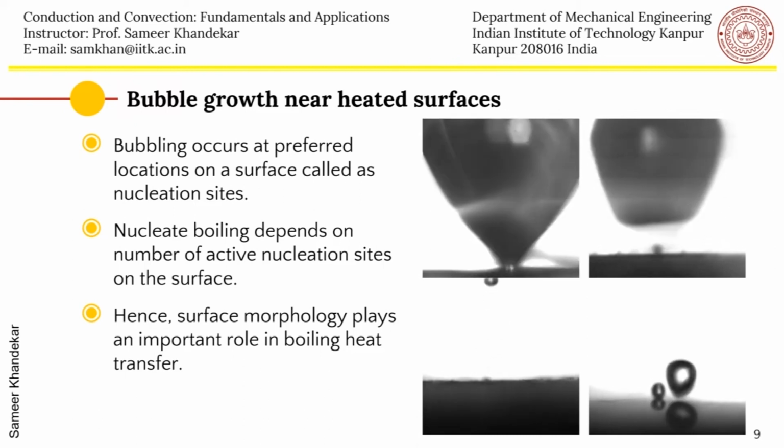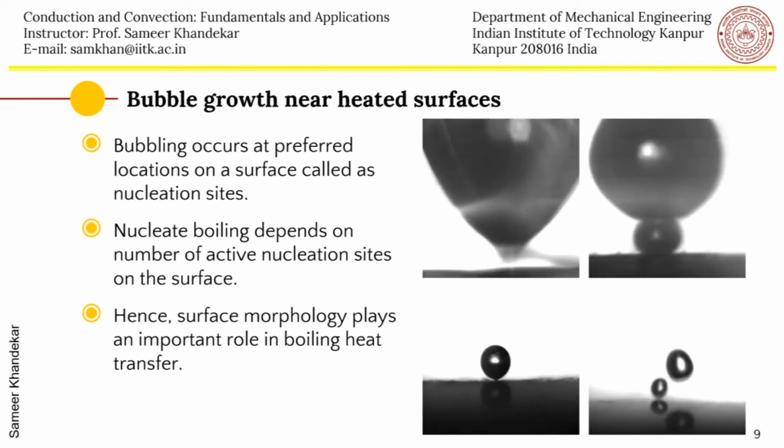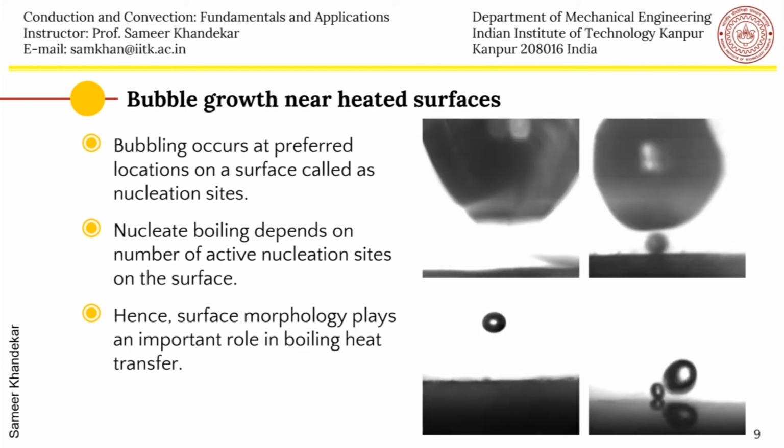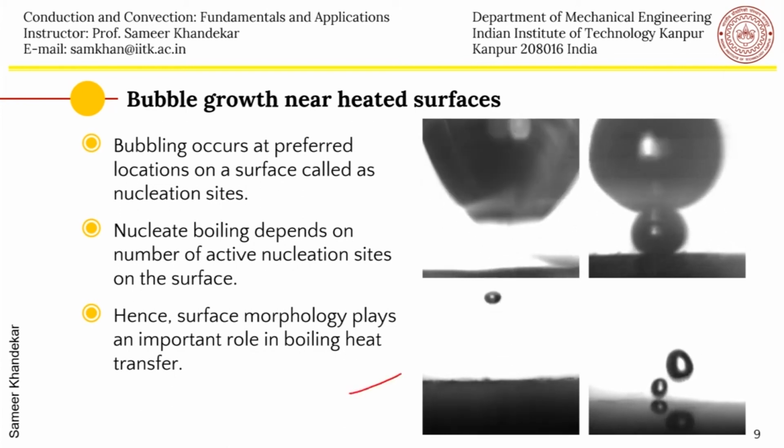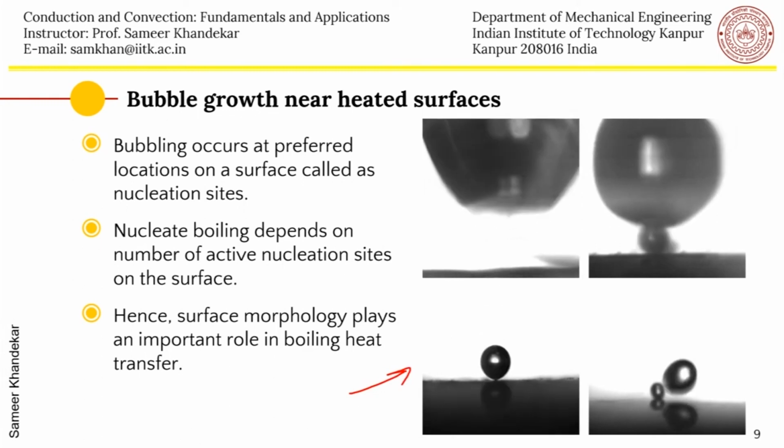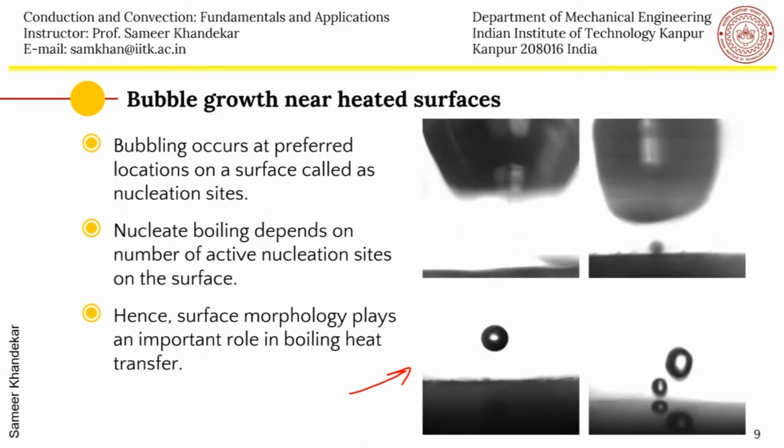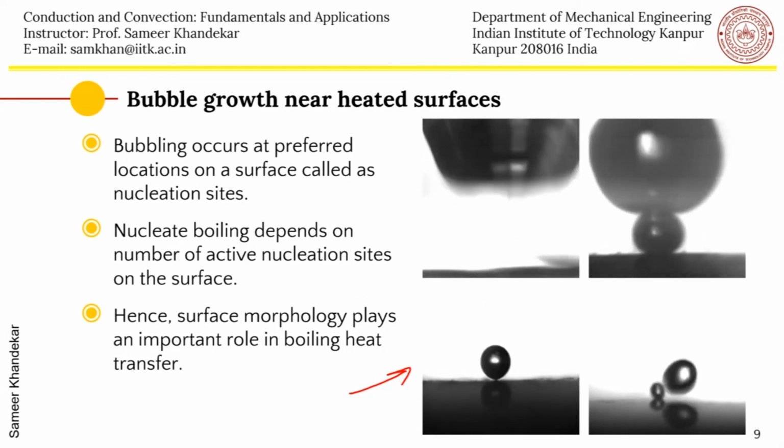The entire liquid is not saturated, and therefore in this particular case you can see the bubble becoming smaller as it rises, because on the top it is colder than the saturation temperature, and therefore condensation takes place and the bubble becomes smaller. You can also see bubble merging. Two nucleation sites which are close to each other are interacting with each other as the bubble rises, and these are slow motion videos.